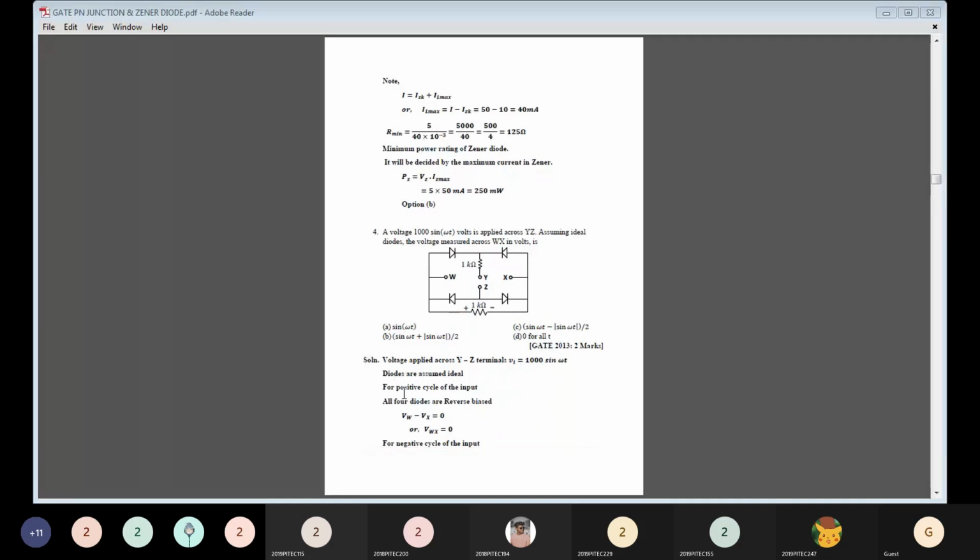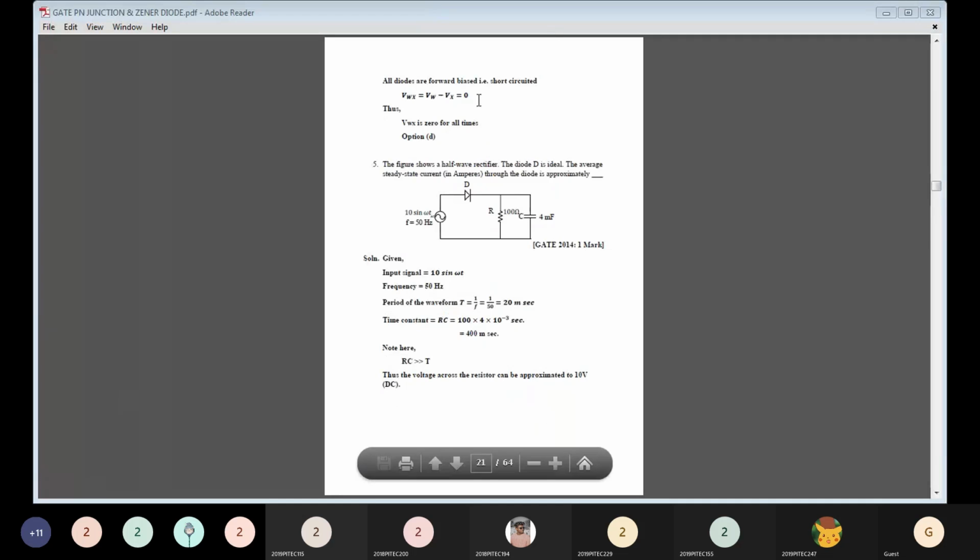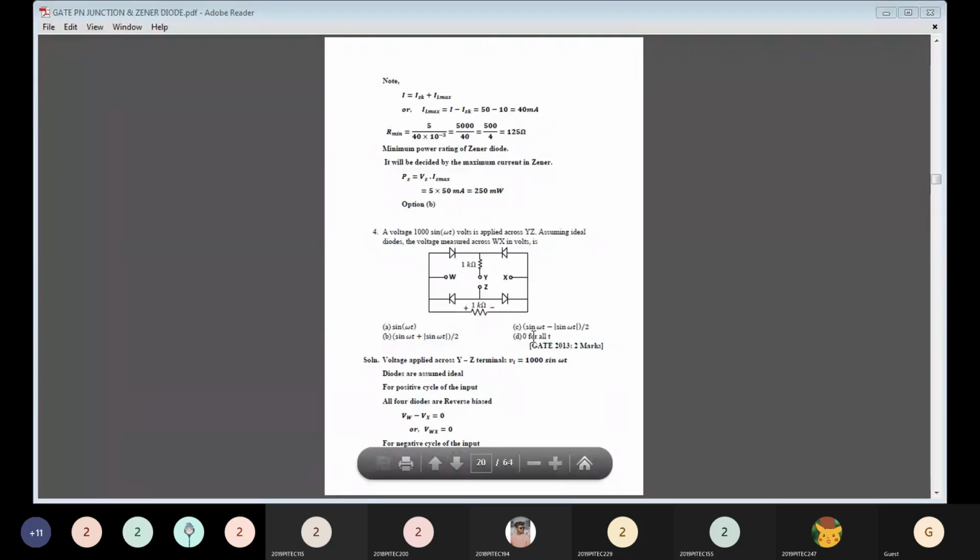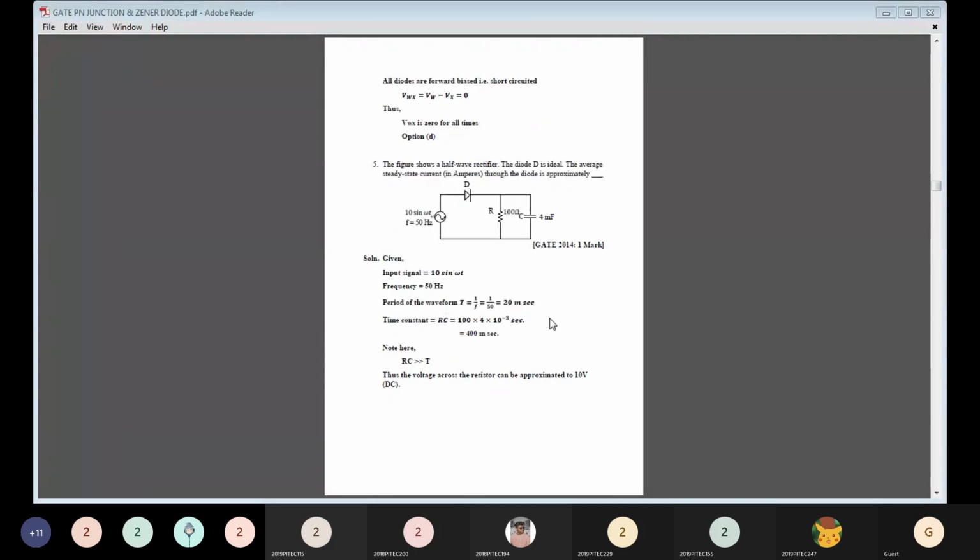For the positive cycle of the input, all 4 diodes are reverse biased, so VW minus Vx is equal to 0, or VWx is equal to 0. For the negative cycle of the input, all the diodes are forward biased, that is, short circuited, so VWx is equal to VW minus Vx equal to 0. So VWx is 0 for all the times. Option D is the correct answer, it is 0 for all the times.